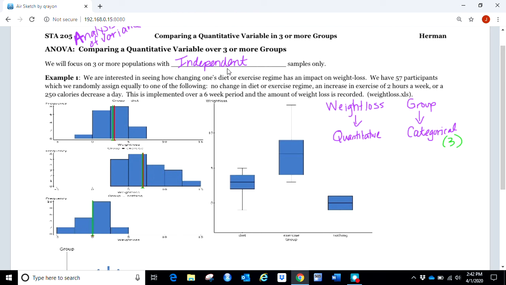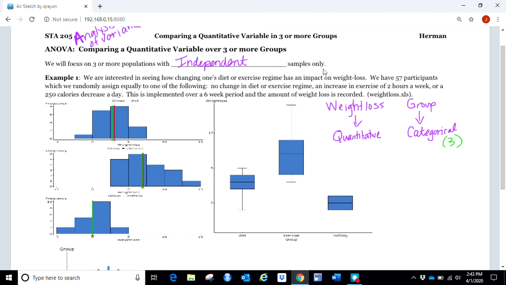So let's talk through actually why they're going to be independent. We have 57 participants, which we randomly assigned equally to one of the following. Now, what actually makes them independent? Recall from our previous module that we always assume the samples are independent until we know otherwise.